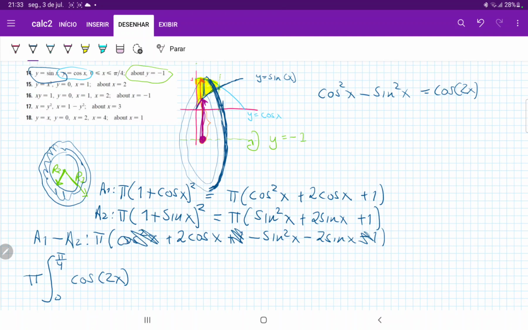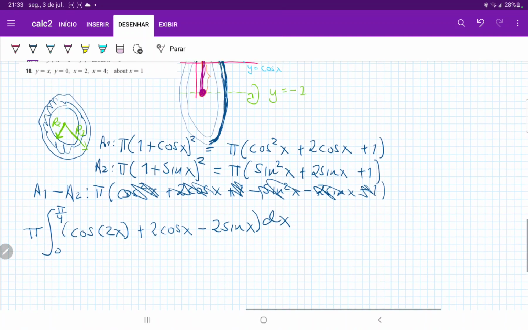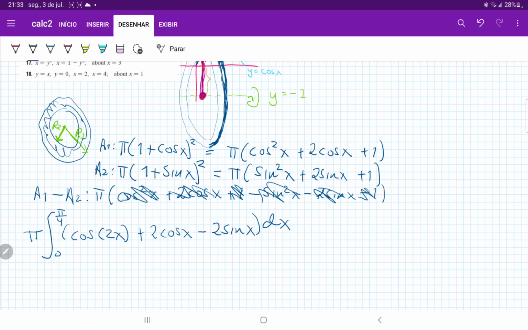And then once we've taken care of this, now we have plus 2 cosine x, and then minus 2 sine x, and all of this times dx. So these integrals from here are fairly straightforward. So that is just pi times the integral of cosine of 2x. This is a simple chain rule.